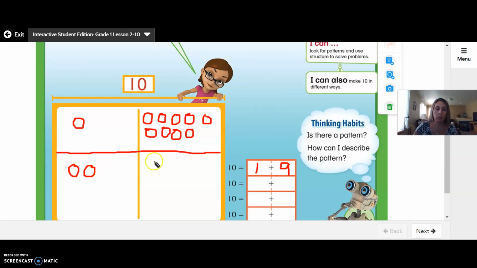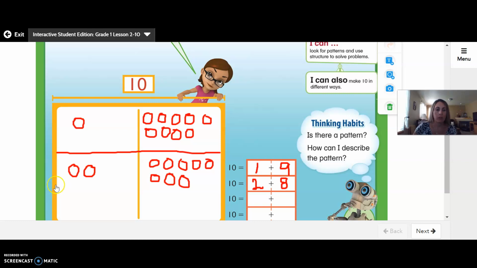So here's 2, 3, 4, 5, 6, 7, 8, 9, and 10 counters. So with this part, I had 2, and this side, I had 8. So 2 plus 8 equals 10.